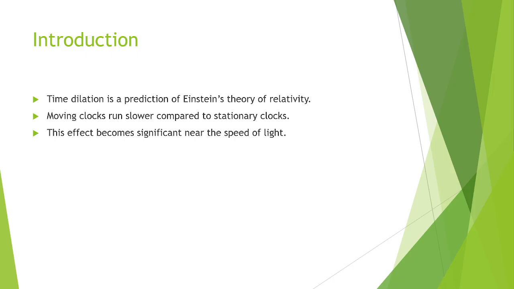Time dilation is a prediction of Einstein's theory of relativity. A moving clock runs slower compared to stationary clocks. When a clock is moving with velocity v, it slows down.